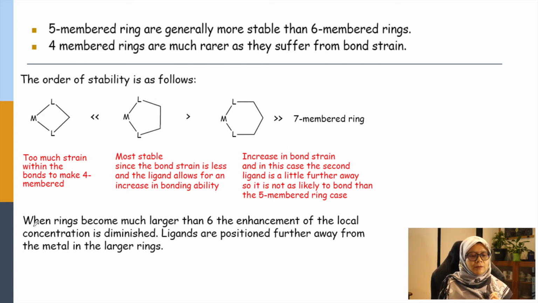So when the rings become much larger than 6, the enhancement of the local concentration is diminished. Ligands are positioned further away from the metal in larger rings.